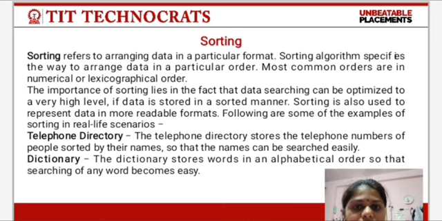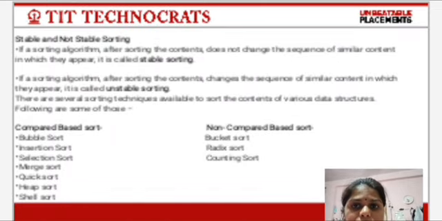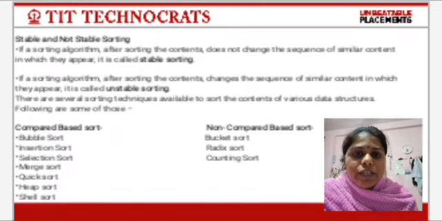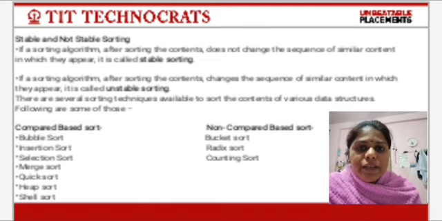Also a dictionary. The dictionary stores the words in alphabetical order so that searching for a word becomes easy. These are sorting techniques. Okay, so sorting is mainly of two types.